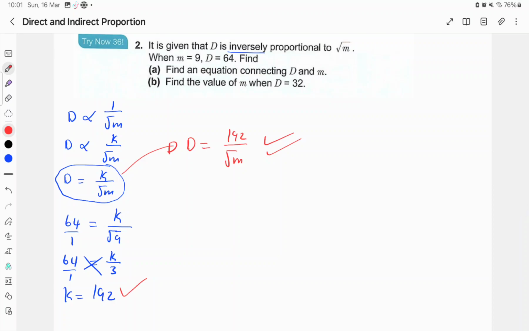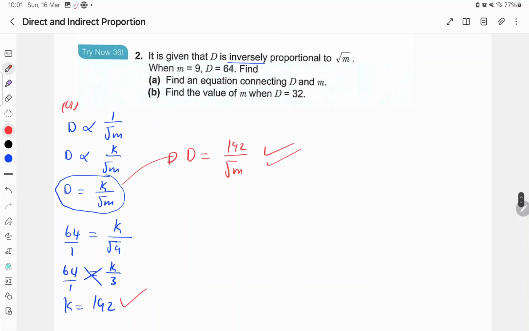And then B says, this was A, and then B says find the value of M when D is 32. So now you are going to use your equation. They already say D is 32.